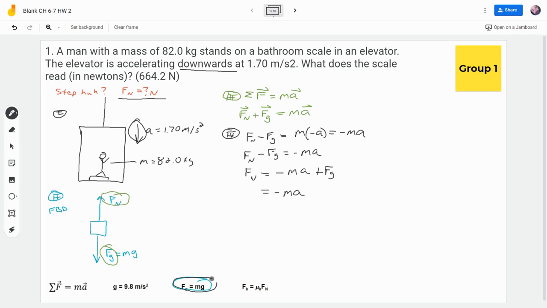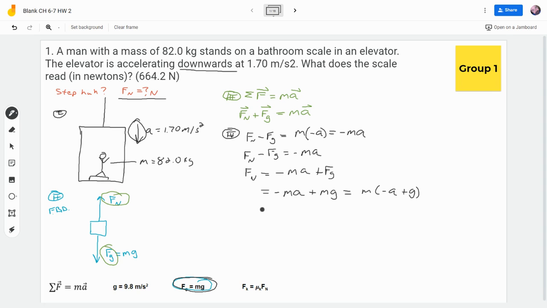F sub g is equal to mg. So I replace this with this. If you wanted to, you could factor out an m. You could end up with something like m times minus a plus g. You can do it that way if you want. I'm not going to bother.